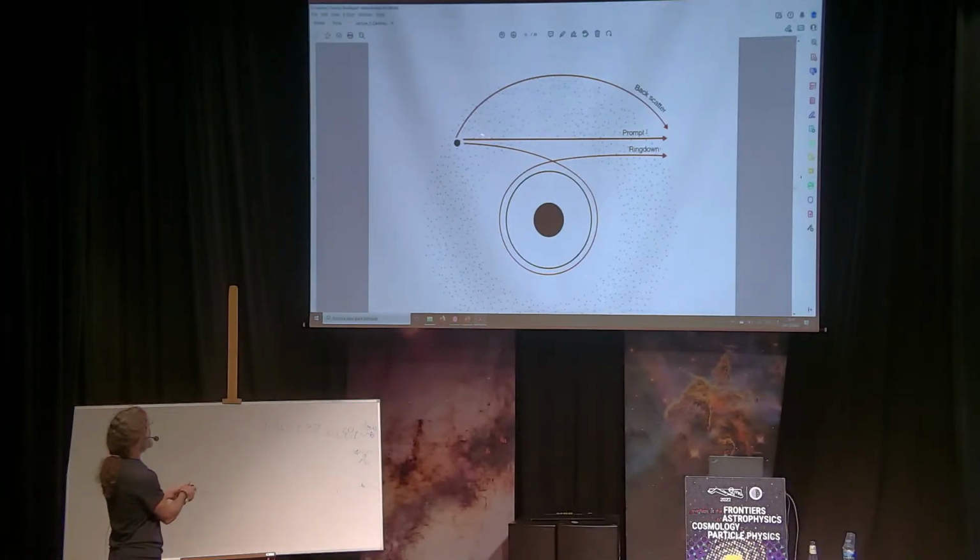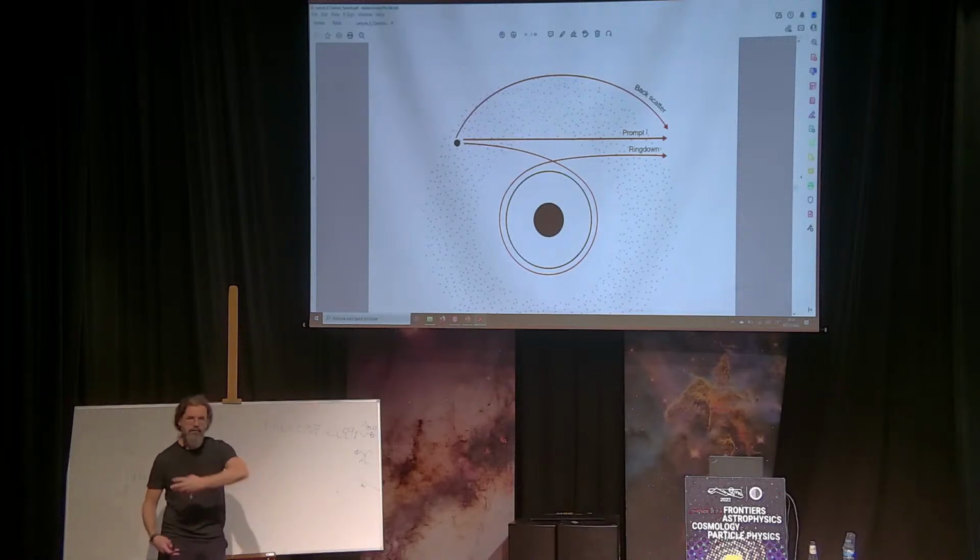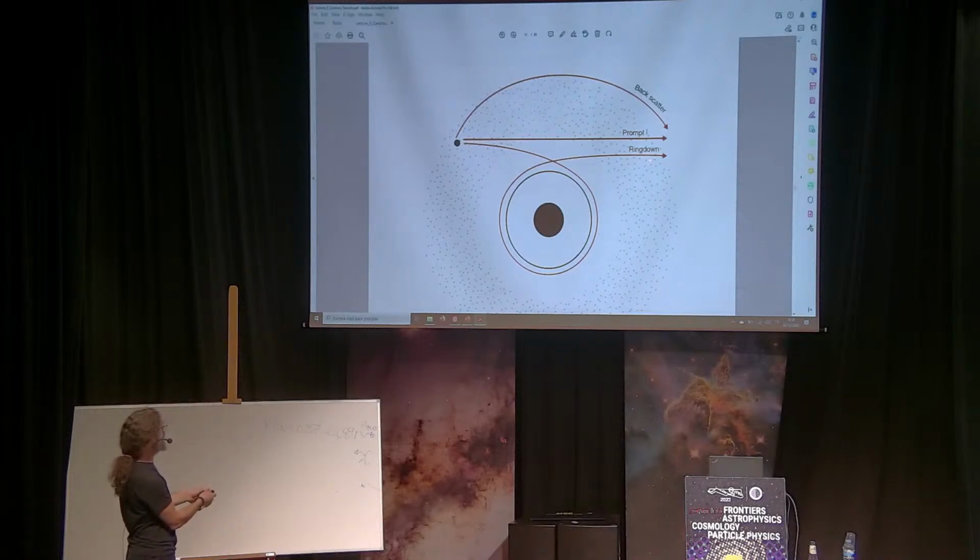As the guy starts falling, two other things happen. First, some of the radiation doesn't need to go directly to you. It can be lensed. It can live a long time orbiting the photon sphere. Or if you remember, in the wave language, stuff that's hovering around the peak of the potential. So you have another component of the signal, which I'm going to call ring down, just this black hole vibration.